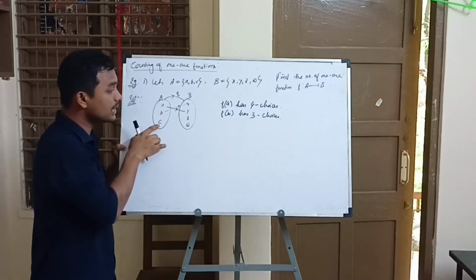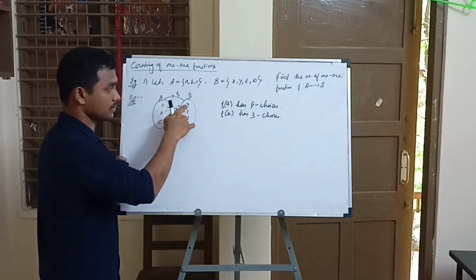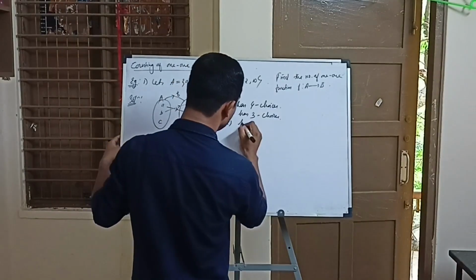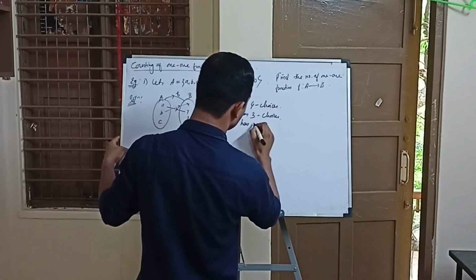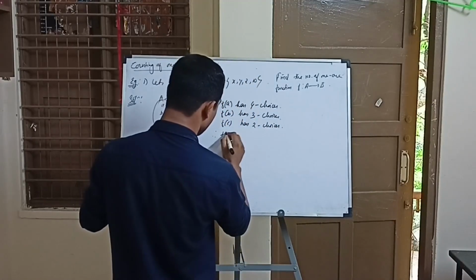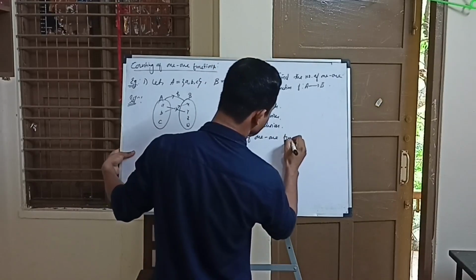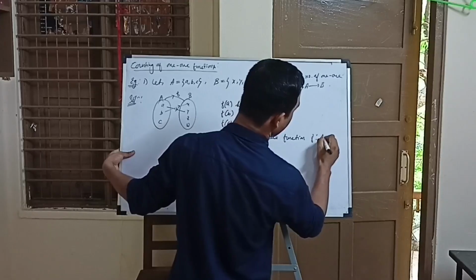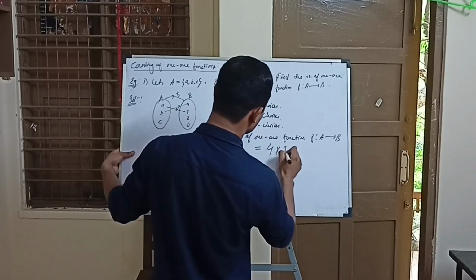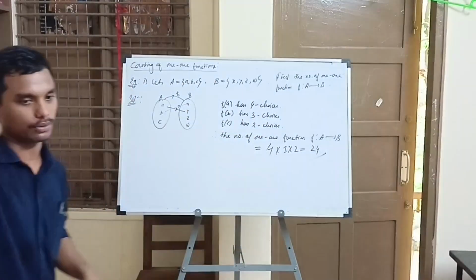Then the image of c has 2 choices, because it cannot be y or x, since f is one-one. Therefore, the number of possible one-one functions from A to B is 4 into 3 into 2, which is how much? 24. Okay.